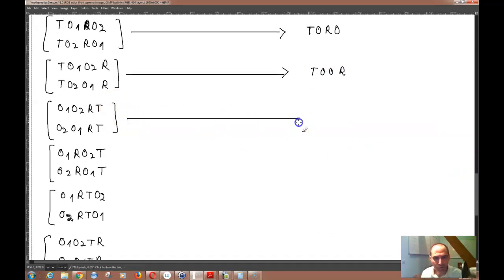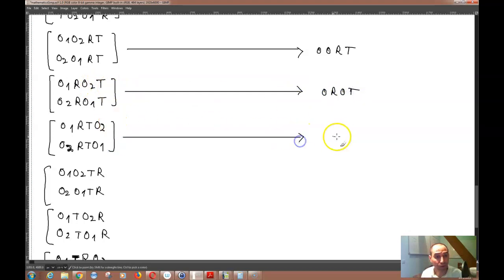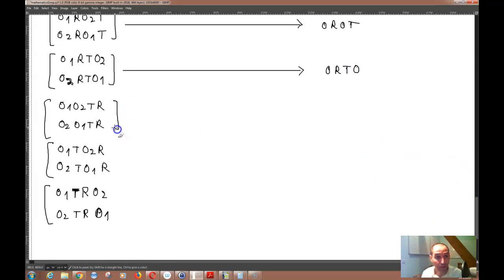For these two, you will simply get OORT. For these two, you will simply get basically OROT. For these two, you will simply get ORTO. And for these two, you will get basically OOTR.